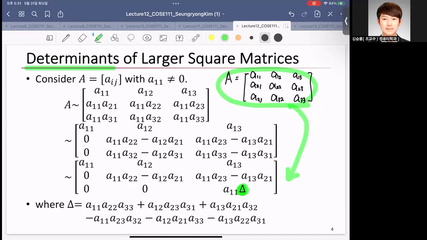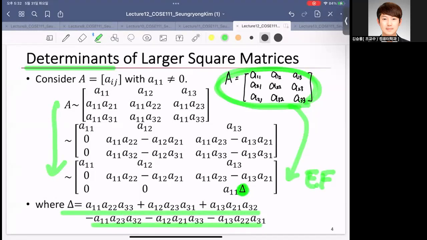Okay. Anyway, let's go back to the determinant of the larger scale matrix, in this case 3 by 3. First of all, let's row reduce the original 3 by 3 matrix. Then we can make the echelon form. And here, this triangle is going to be this kind of equation. You can easily follow this one.